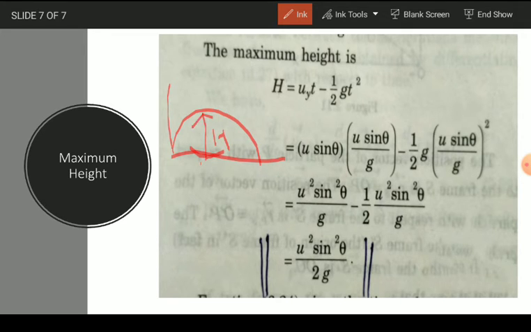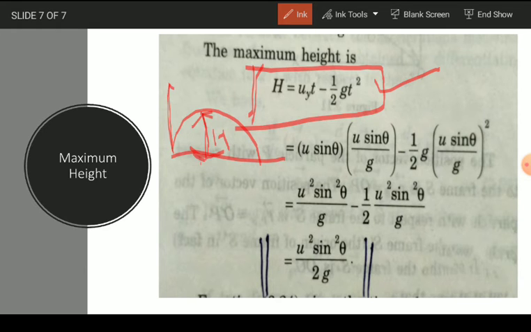One characteristic of the maximum height is that at this point the vertical component of velocity will be 0. So the maximum height is h is equal to uy t minus half gt square. We are applying the second equation of motion for vertical direction, because here we want to know the maximum vertical distance.